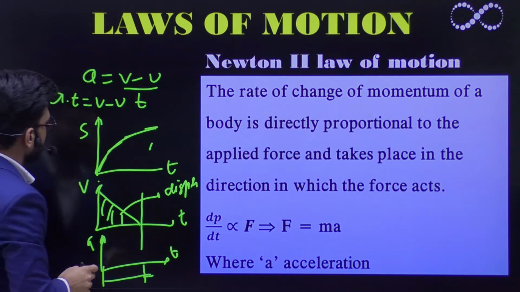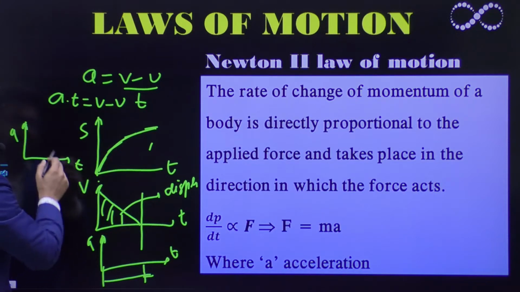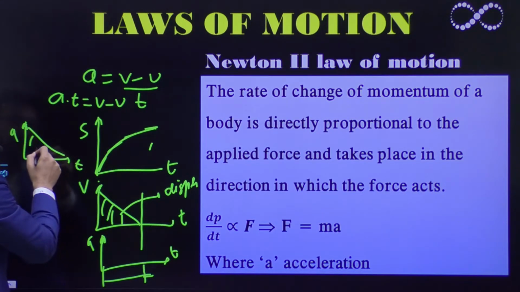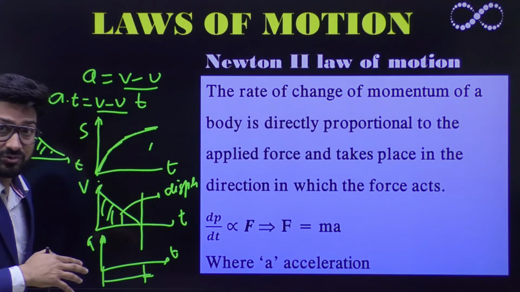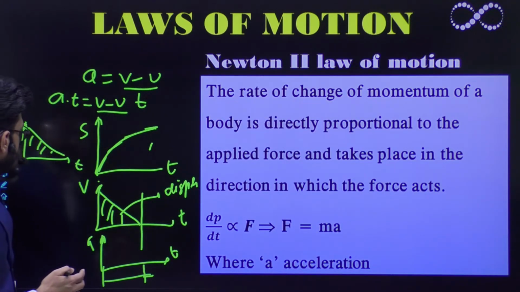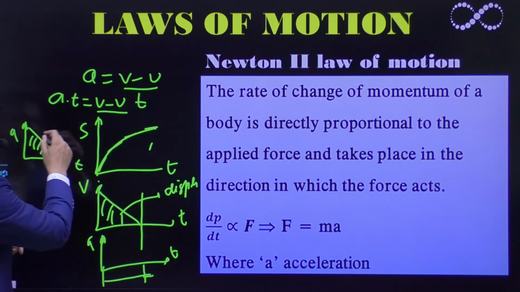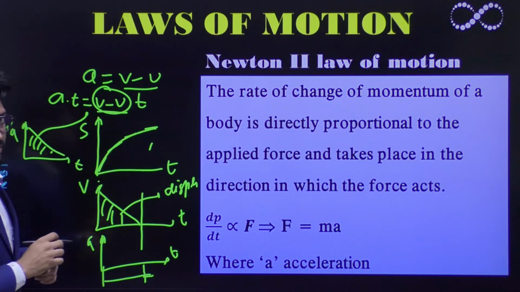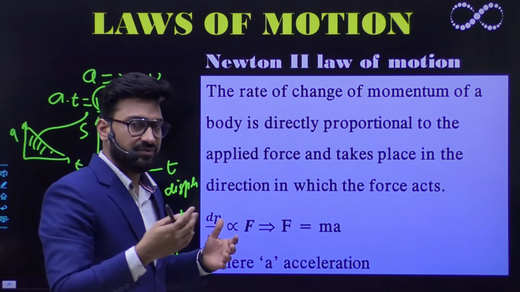Don't you think? So if I make a graph of acceleration time, the area of this acceleration time graph will give you change in velocity, final velocity minus initial velocity. If the acceleration time graph comes over here, the area of this graph would give you change in velocity. Likewise, you can use this equation to find out different values.